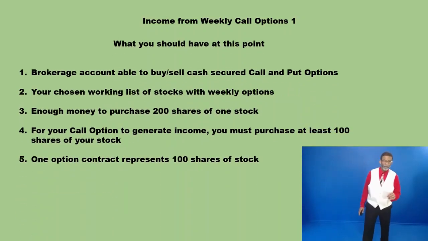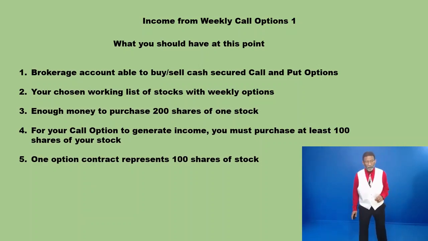What should you have at this point? You should have a brokerage account in which you can actually buy and sell cash secured call and put options. A working list of stocks with weekly options, and that was covered earlier in the course.